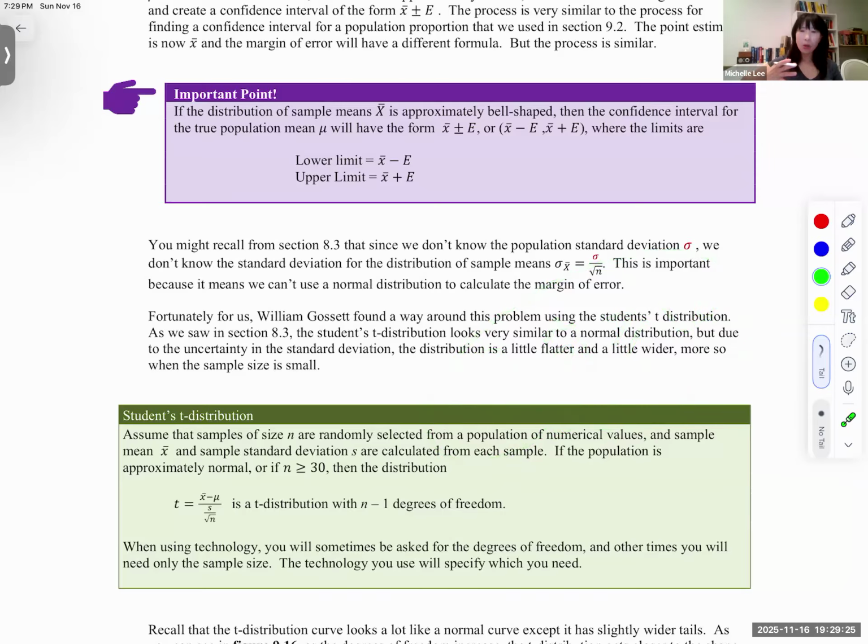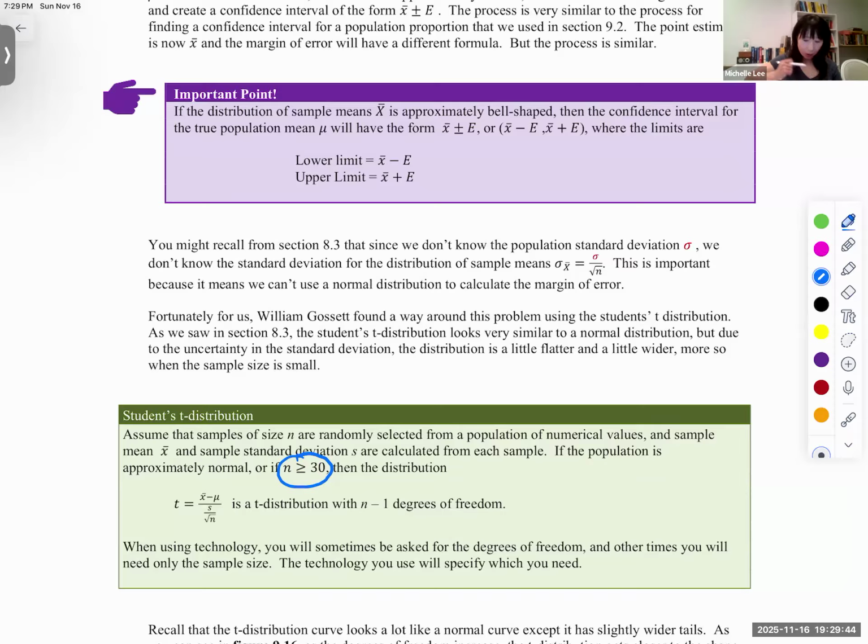Here, how do we check whether it is a normal distribution or not? Sample size again, so big enough. How big? n must be greater than or equal to 30. We have a different formula.